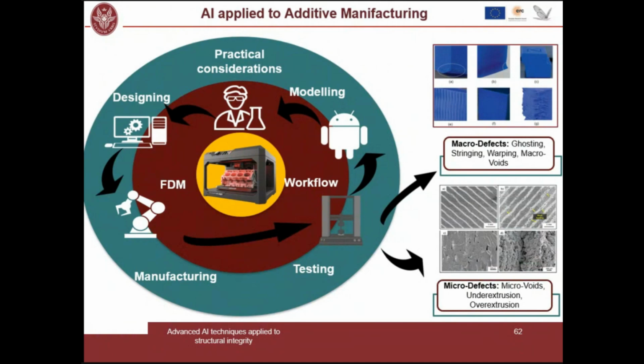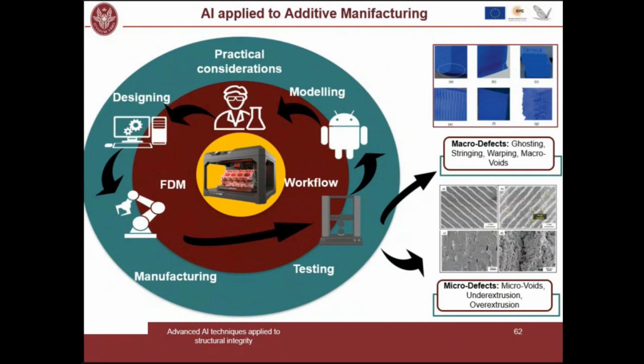You start with the design, you follow with the manufacturing of your specimen, you test your specimen, and after you have tested enough specimens, you can start creating some model. And using the model and some practical considerations, you can modify the design and, of course, the manufacturing parameters, and you continue this cycle until you are satisfied with your mechanical properties, essentially. But this cycle is costly and very, very, very time-consuming.